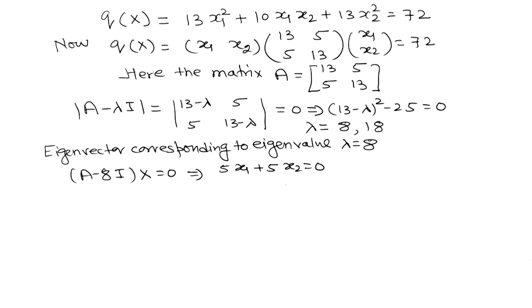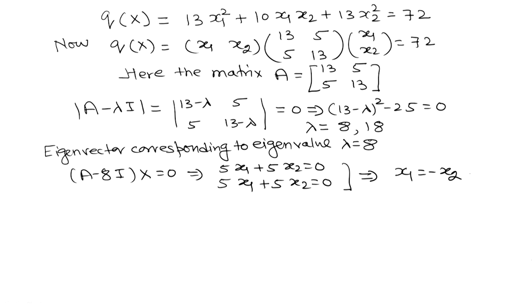The equation from the first row of the matrix A minus 8I and the equation from the second row will be the same, that is 5x1 plus 5x2 equals 0. Now, from these equations I can write x1 equals minus x2.